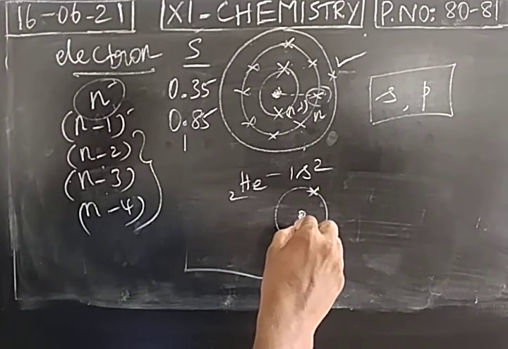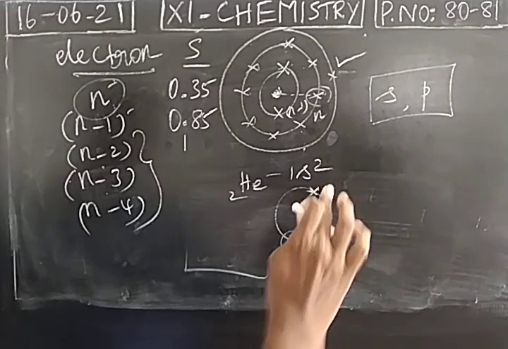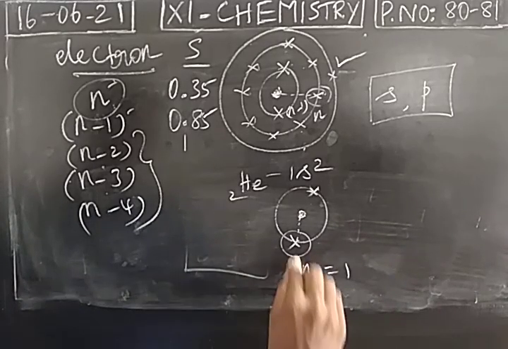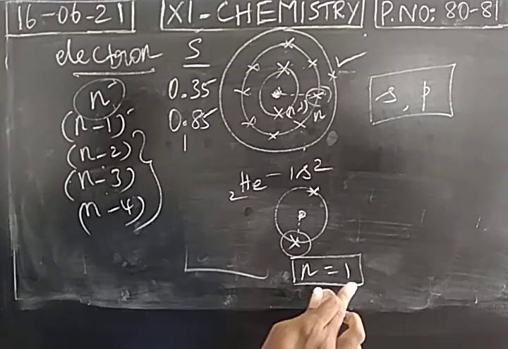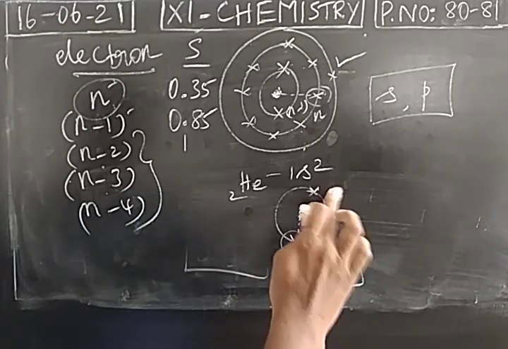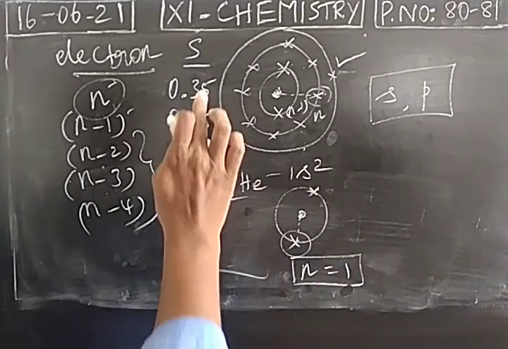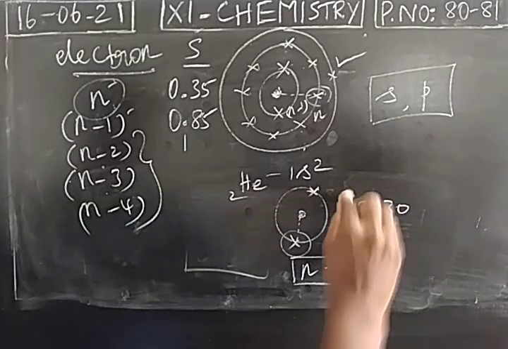So attraction between the nucleus and this electron will be disturbed by the other electron, isn't it? So here the nth cell is nothing but the first cell. One more electron present in the first cell is involved in shielding, and its contribution is not 0.35, its contribution is 0.30.